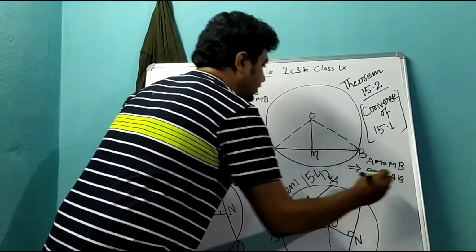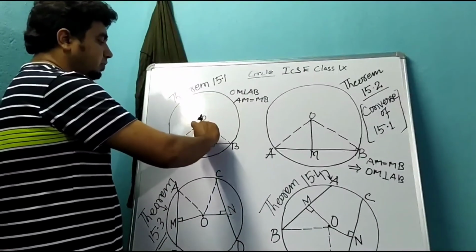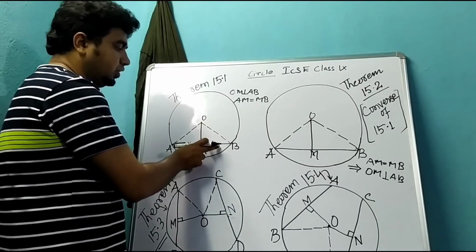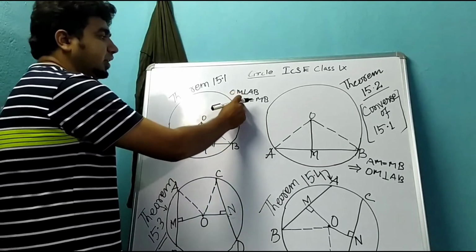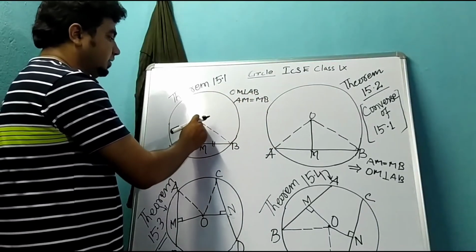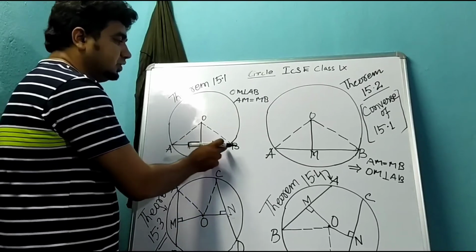So in the first case, the line passing through O is perpendicular to the chord AB, which implies AM is equal to MB. Means if the line passing through O is perpendicular to AB, AM is equal to MB.